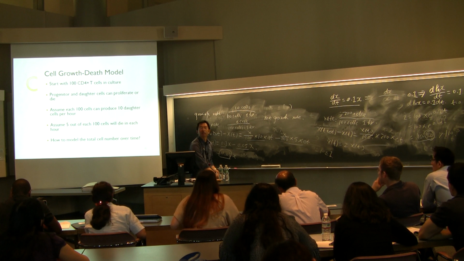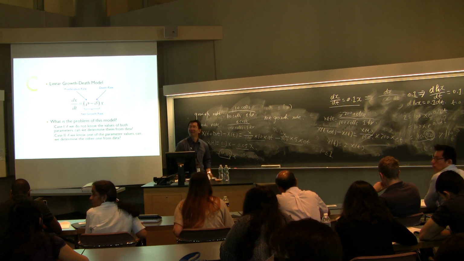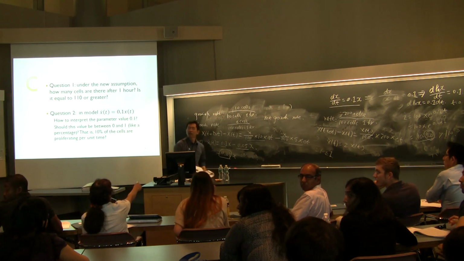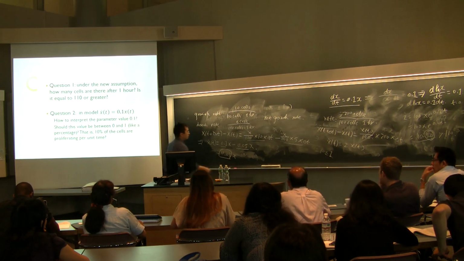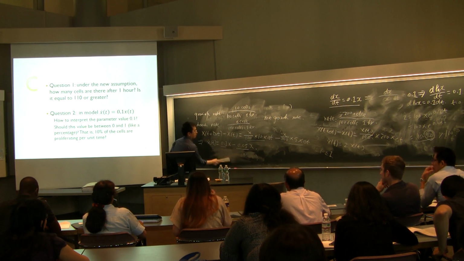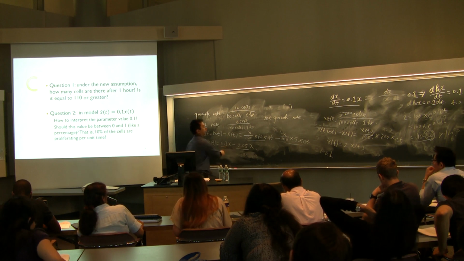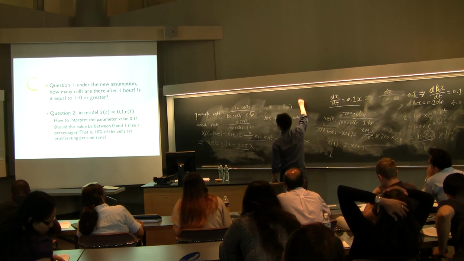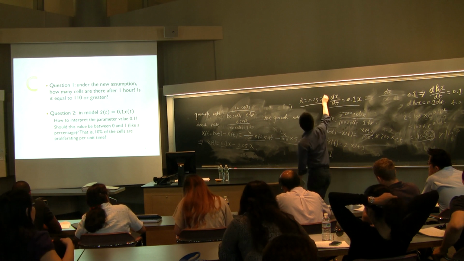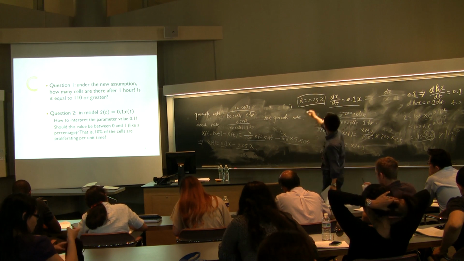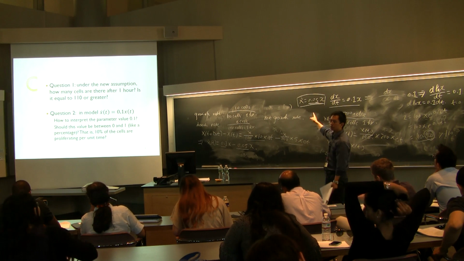Any questions so far? So we're doing okay? Good. What I wrote down here in the last line is the final model for x(t), and this one is called the net growth rate, because it's the growth rate minus the death rate.